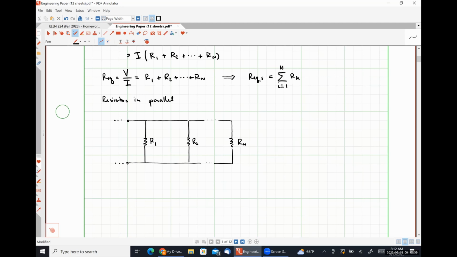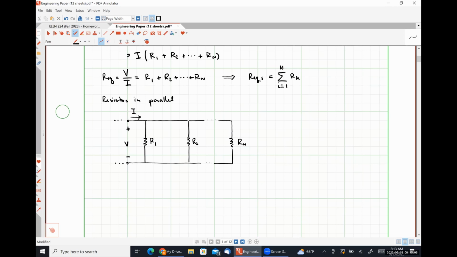Because we're part of a larger circuit, it seems reasonable that there will be some voltage drop across this parallel combination of resistors. Additionally, there may be some current flowing into this parallel combination of resistors. And now I'm going to define all of my resistor currents in such a way that I'll wind up getting a positive sign.